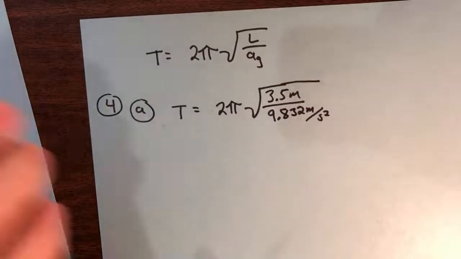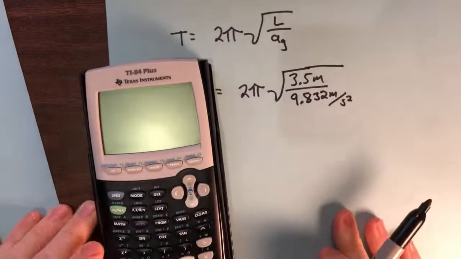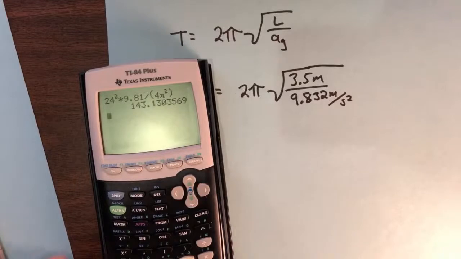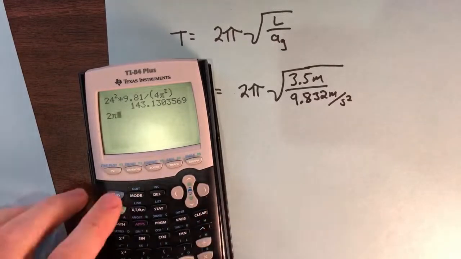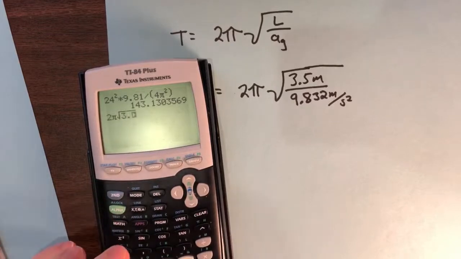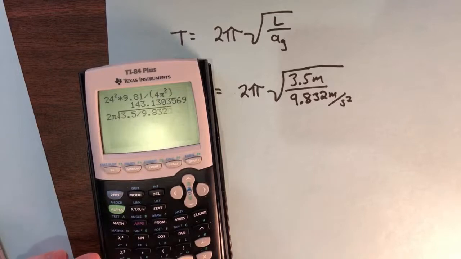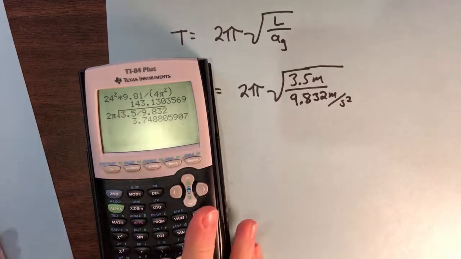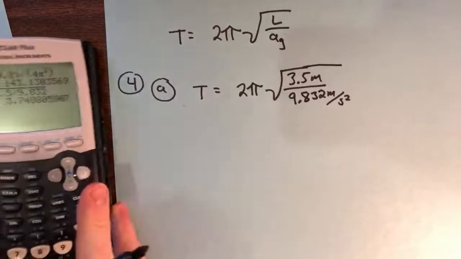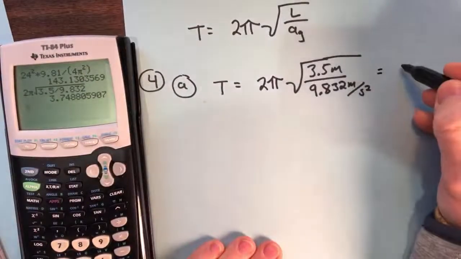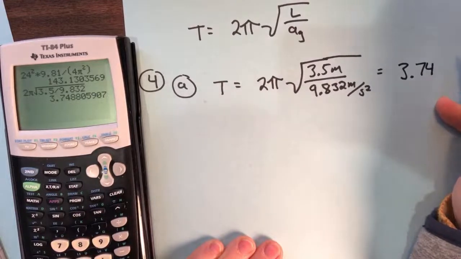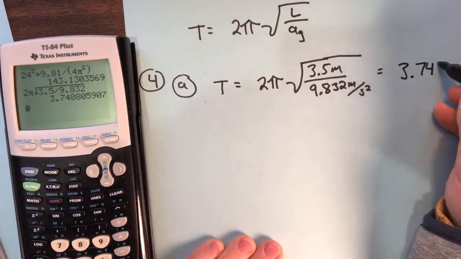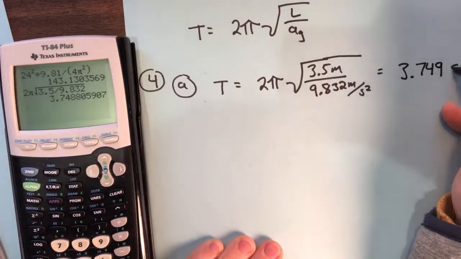So let's plug in the numbers. 2 pi square root of 3.5 divided by 9.832. And that's it. Our answer for A is going to be 3.749 seconds.